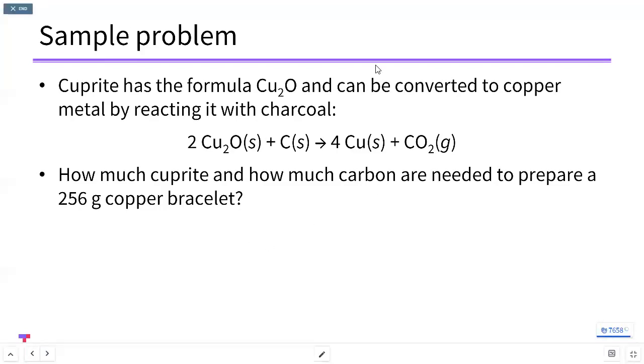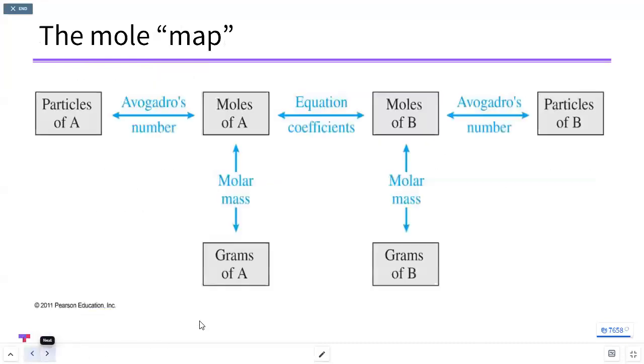Now, from an organizational standpoint, we're going to come back to our map here and recognize we're starting with grams of copper.